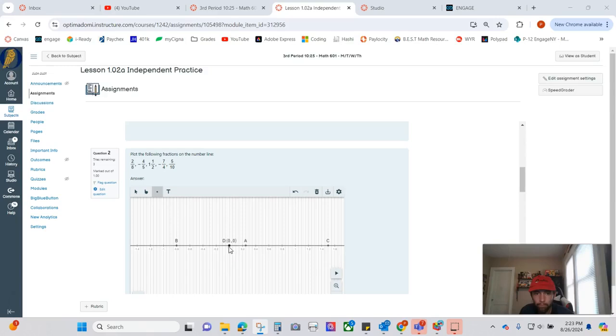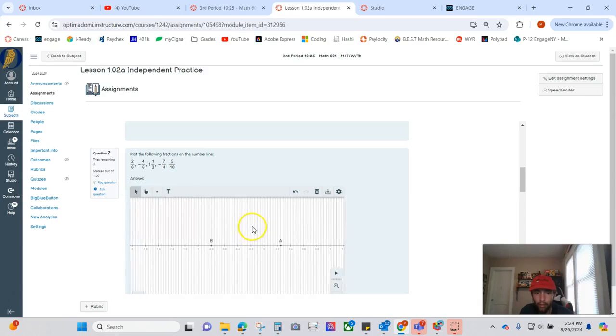Our next number is negative 1.75. Start at 0, go negative 1.5. Oh, negative 1.75 will be over here somewhere. So I need to click on my select tool and drag my number line. I can drag my number line by clicking and holding my mouse or touchpad and scooch it over.